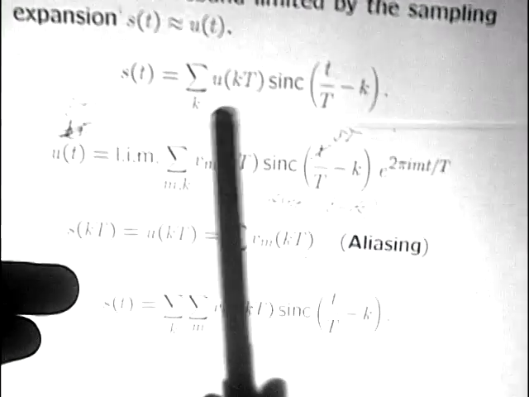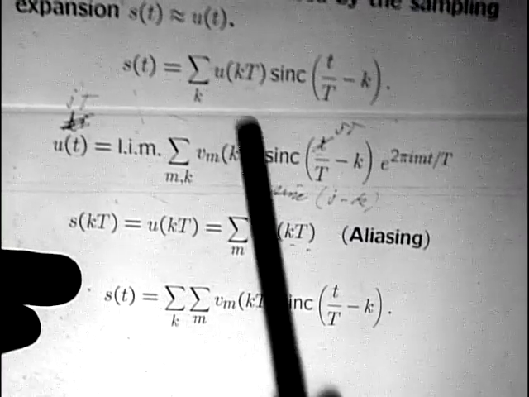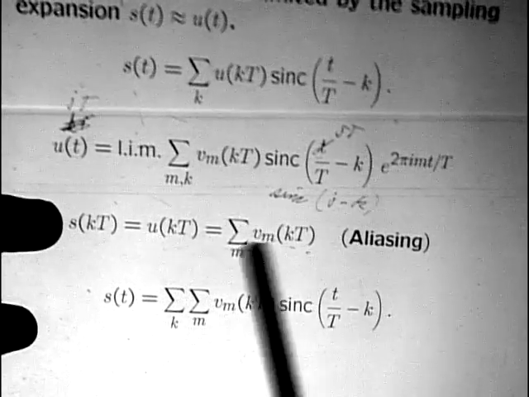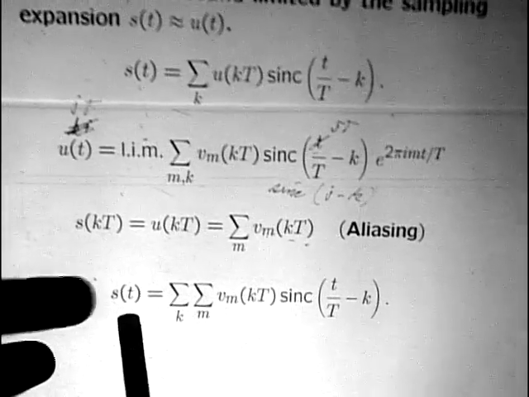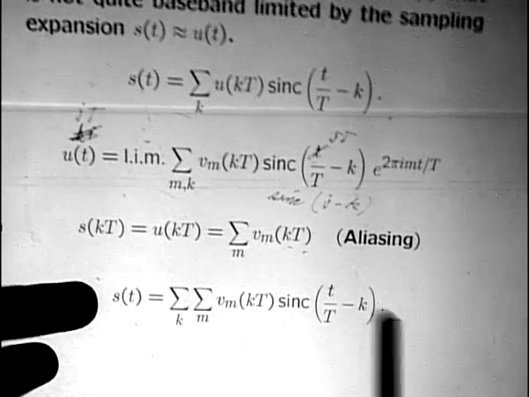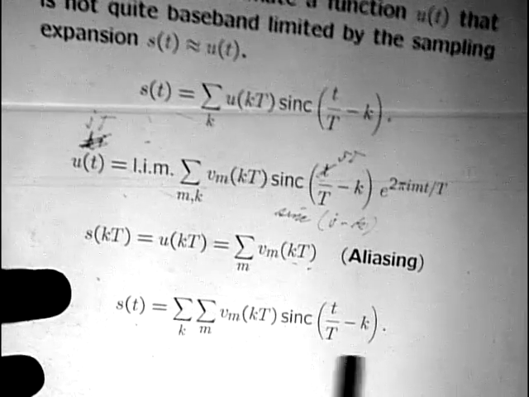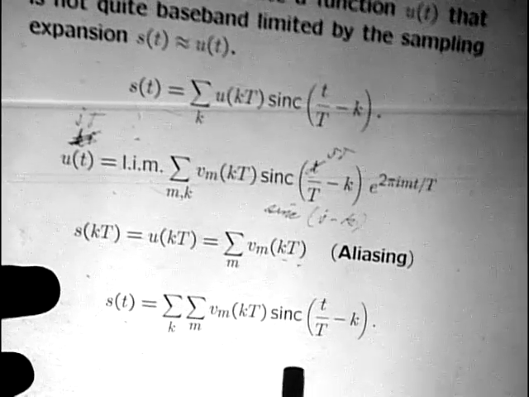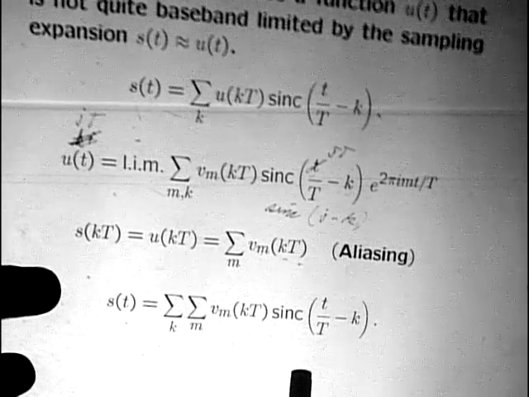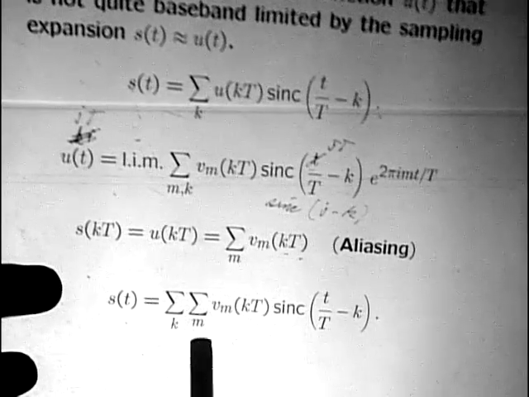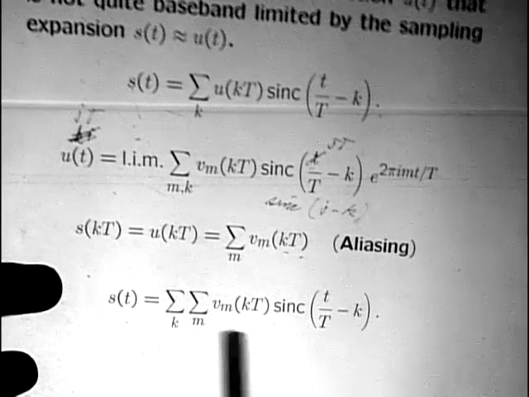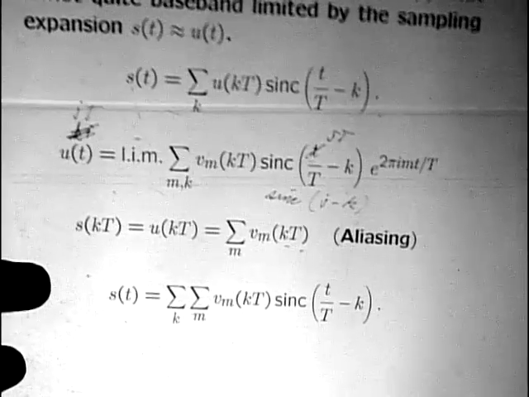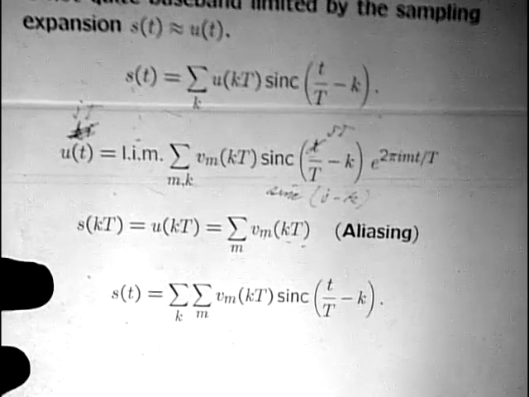So s of t is this times these sinc functions, and this is the sum of all of the v_m's. s of t is just this double sum now, where all of these are now down at this baseband frequency interval. There's no way to tell them apart. We have this double sum here, so I'm adding up all of these different coefficients, and they're all mixed together, all down in this one frequency band.